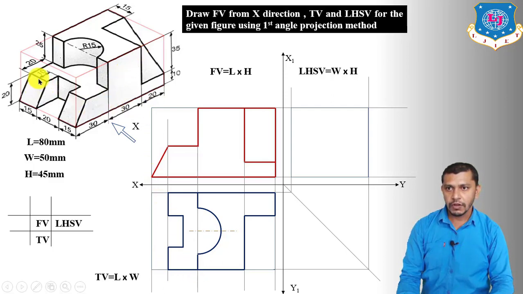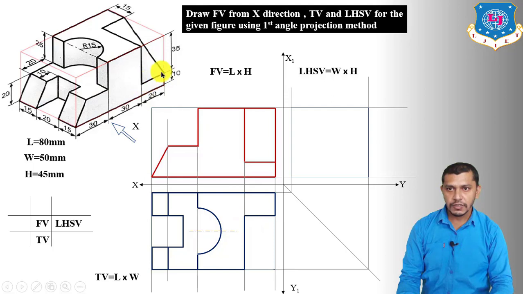Now we have to draw the top view of this inclined surface. It will be visible as a rectangle in the top face. This inclined face is also visible as a rectangle in the top face. So we have already drawn this edge of the inclined face over here.